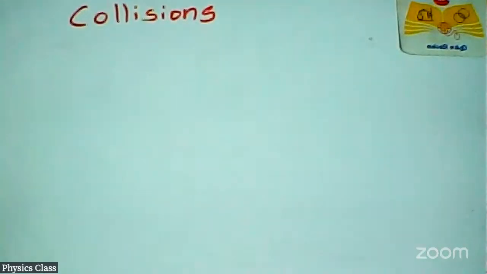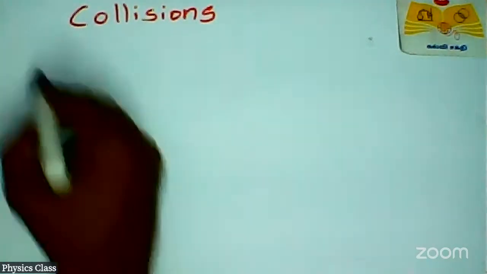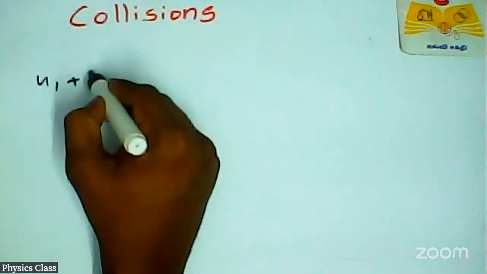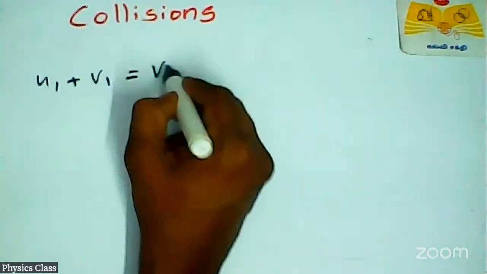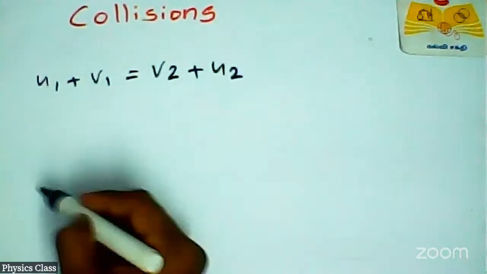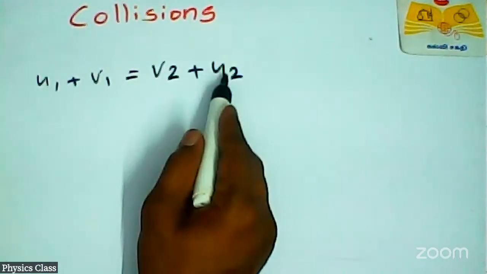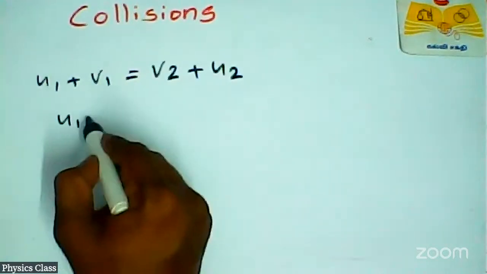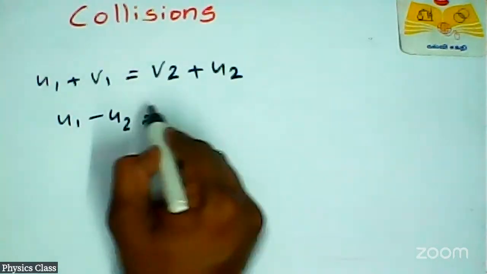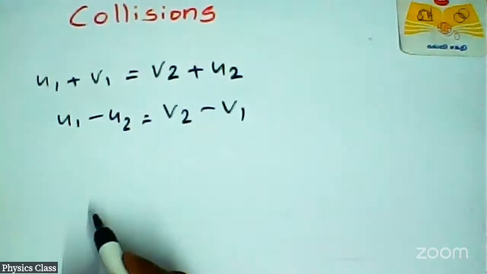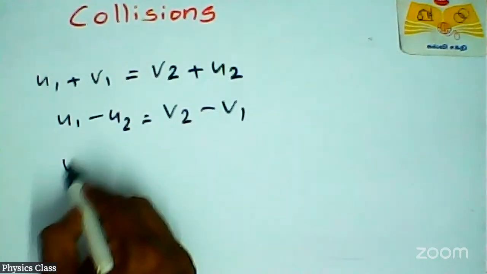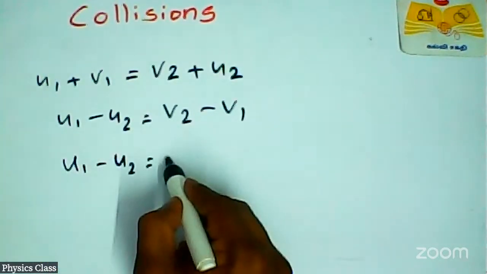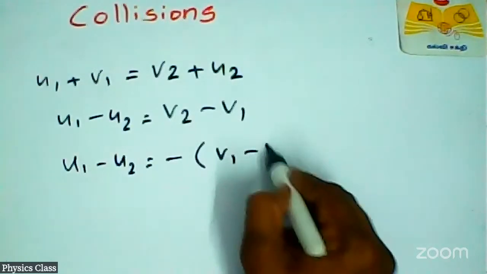We divide the equations to find the unknown quantities. What is the reason for dividing? Because we have to know what u1, v2 or u2 are. In simplified form, take u2 here: u1 minus u2 equals v2 minus v1. We can rewrite this as u1 minus u2 equals minus of v1 minus v2.